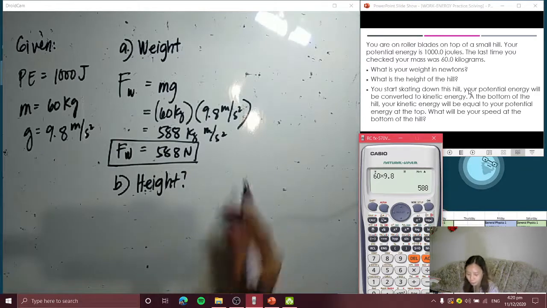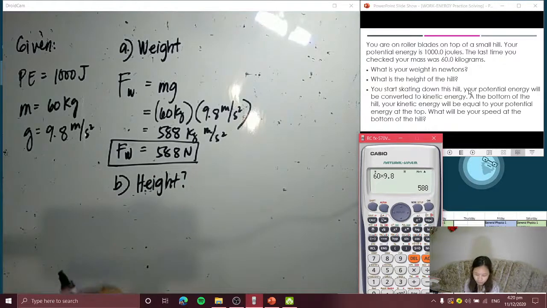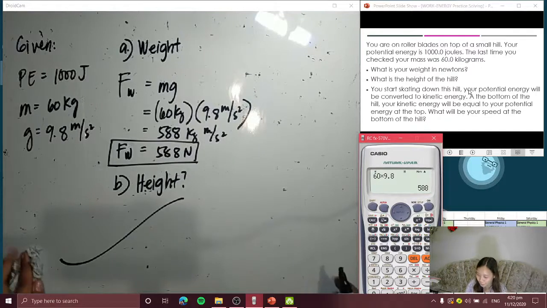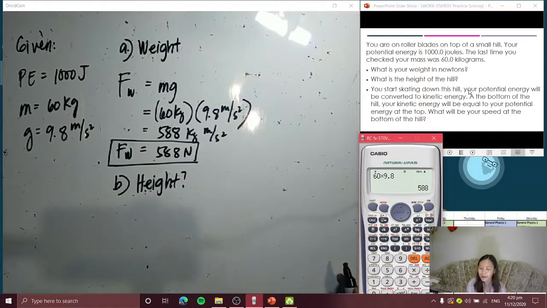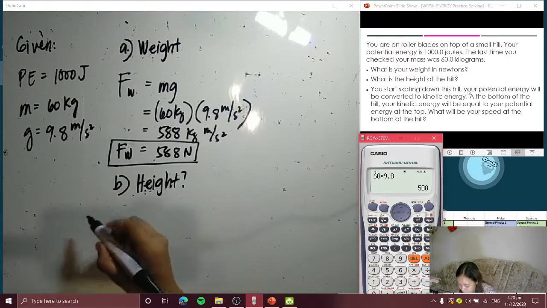So take note, if we are looking for the height of the hill, right? There is vertical motion involved. So, since there is vertical motion involved, we will use an equation. And since in our given we have potential energy, we will use our GPE equation to determine the height of the hill. Again, we use GPE because there is vertical motion involved. We are not using any spring or any stretched and compressed object. So that's why we use GPE, not the EPE.